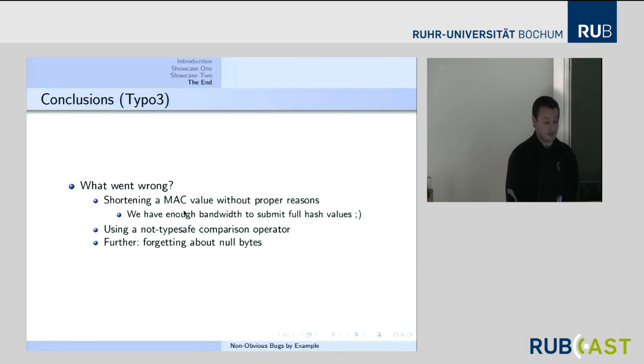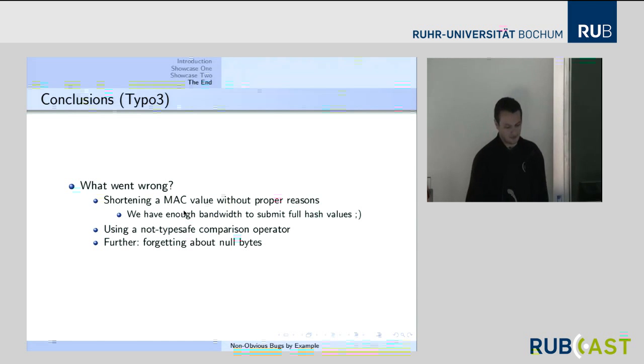They're using the non-type-safe comparison operator, which in the end breaks their neck. And further, they forgot about the null byte problem in their check, where they wanted to prevent localconf.php from being downloaded. But the short MAC values and the non-type-safe comparison operator are the actual problems here.